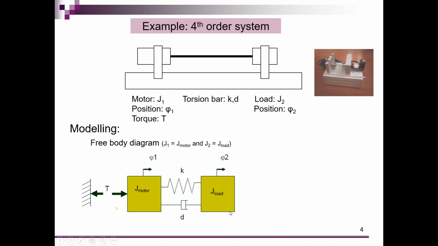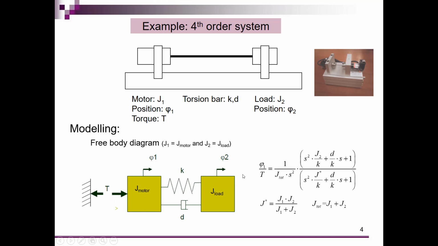When we substitute these equations of motion into each other, we get a transfer function with V1, the position of the rotor, as an output, and the torque T applied to the motor as an input. Then we get this transfer function: V1 over T equals 1 over the total inertia times S squared times this complete fraction.